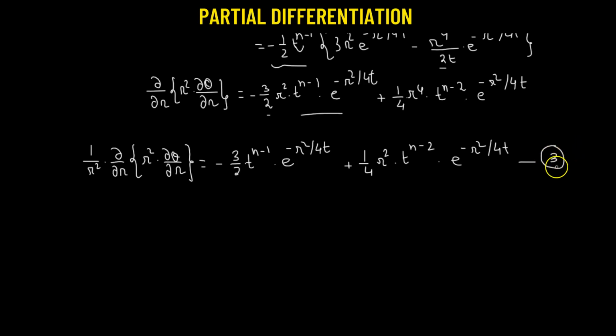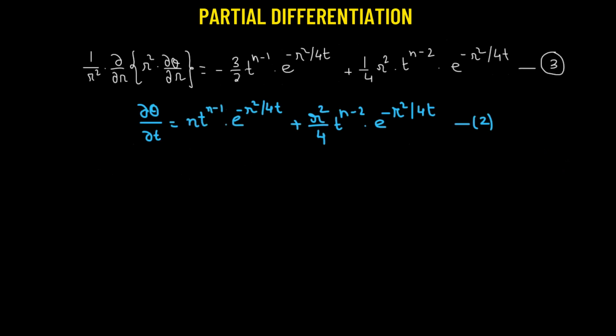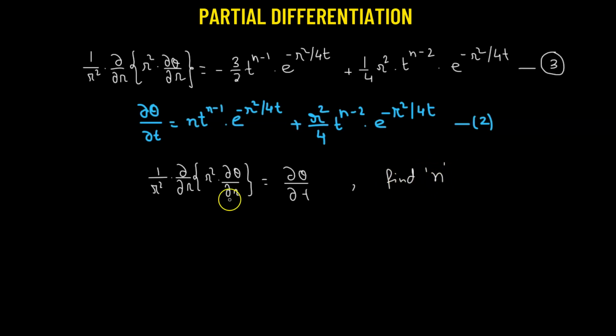Now our next task will be to equate equation number 2 and equation number 3. So according to our question, we are given that 1 over r squared times partial with respect to r of r squared times partial of theta with respect to r is equals to partial of theta with respect to t. And using this information, we need to find the value of n. So let's do that.